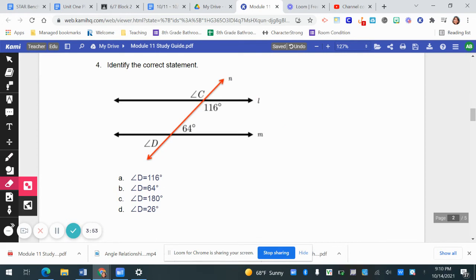Number 4 also asks you to identify the correct statement. So we are given these two angles, 64 degrees and 116 degrees. Those are same side interior angles. But it's asking what the measure of angle D is.